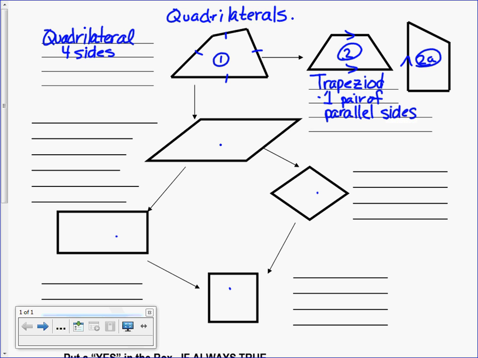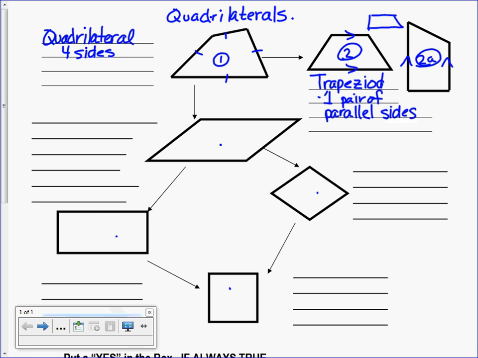And then this side and this side are parallel. So that's how we can identify both of these images as being trapezoids. Now 2A, you might also see it drawn like this. You've probably seen a trapezoid drawn like that as well. It's pretty much the same thing. So that's our trapezoid.